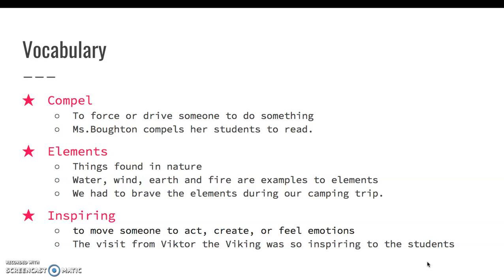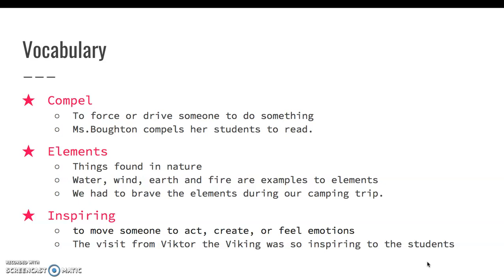The next word is elements. Elements are things found in nature. Say that with me. Elements. Things found in nature. Water, wind, earth, and fire are all examples of elements.